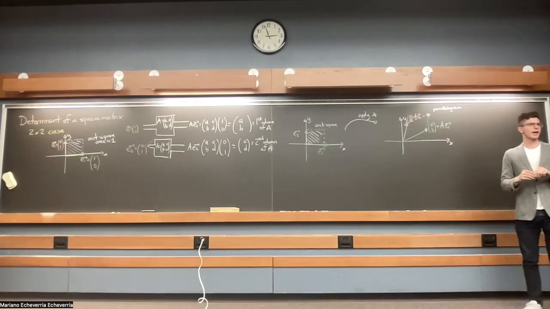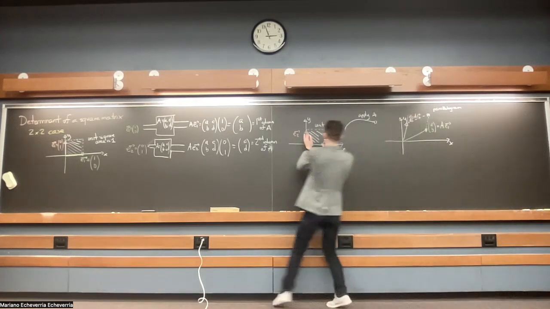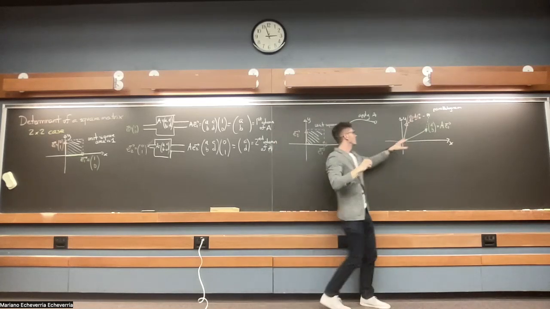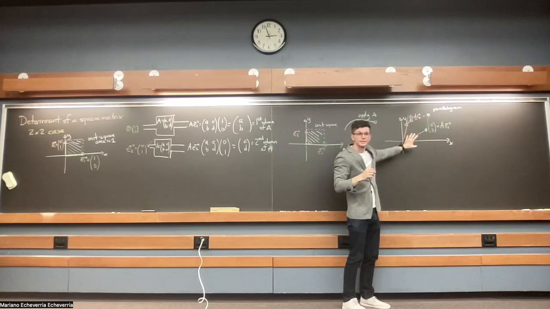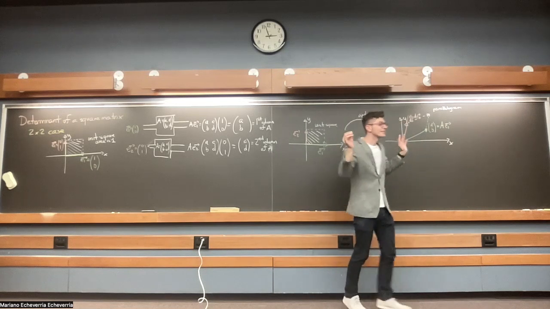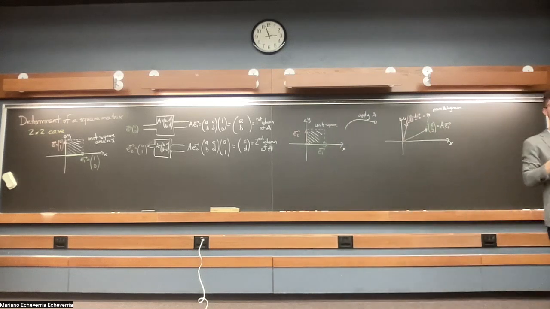Because you even change the angle, maybe there was a 90-degree angle here. Now I'm making it look acute, but it's not necessarily 90 degrees. It actually could even end up being bigger than 90 degrees, the angle between the new vectors. So it's just some random parallelogram, and it has some area.